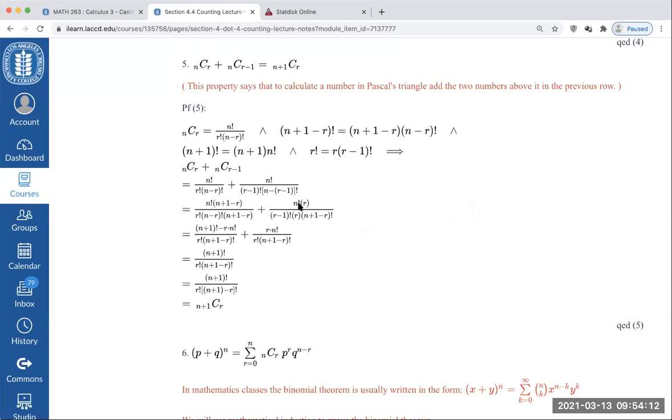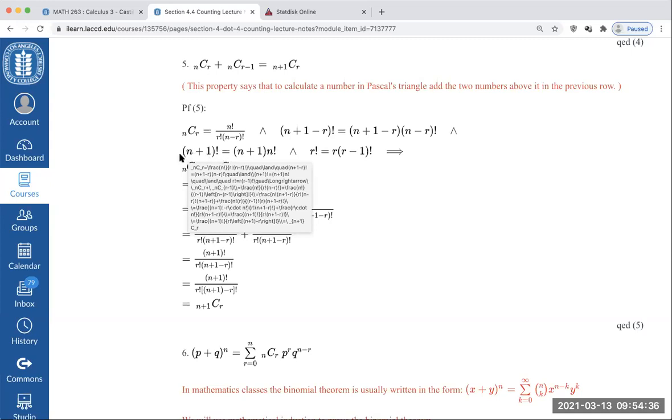So now the numerator, for this one, is r times n factorial. For this one, let's write this as n plus 1 minus r, and consider n plus 1 as one entity. So let's multiply n factorial times n plus 1, which is n plus 1 factorial.